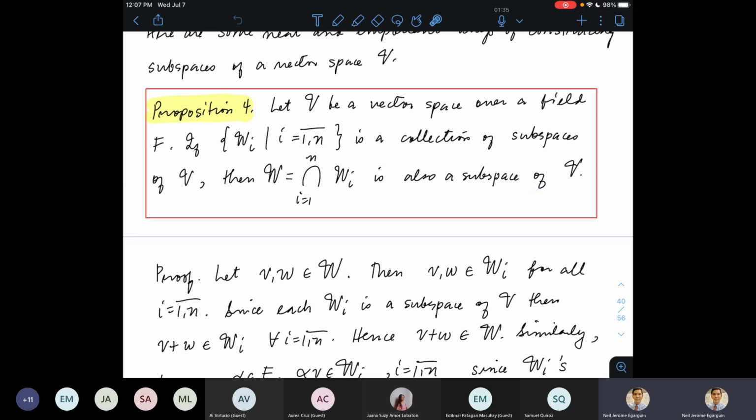And you should be able to recall that from now on, I won't use the definition to prove being a subspace anymore. I'll go to Theorem 3, the compact criterion.